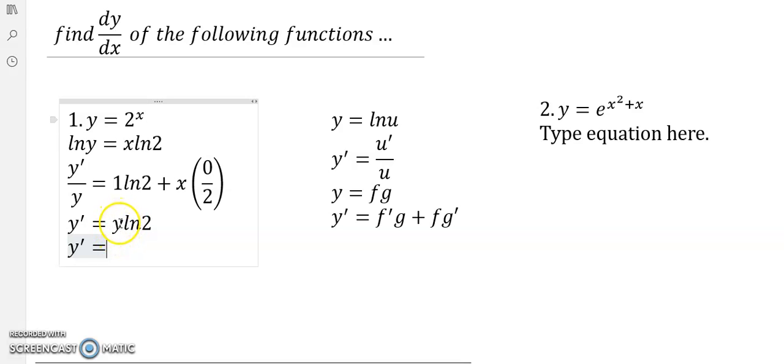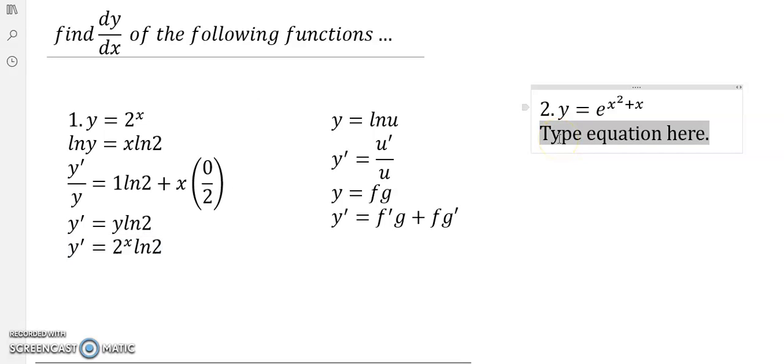However, we know that the value of y is nothing but 2 to the power x. Therefore, we will have 2 to the power x ln 2. Yeah, we are done with this one.